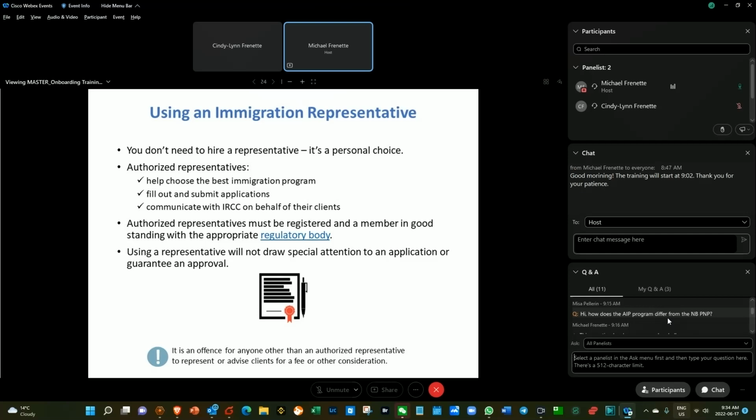Examples of authorized representatives are a lawyer, paralegal, or an immigration consultant. If you or your candidate choose to use one, make sure that they are authorized. That is your responsibility. In other words, they must have a license to practice and give advice. If you or your candidate uses an unauthorized representative, whether in Canada or abroad, we may return the application or even refuse it.